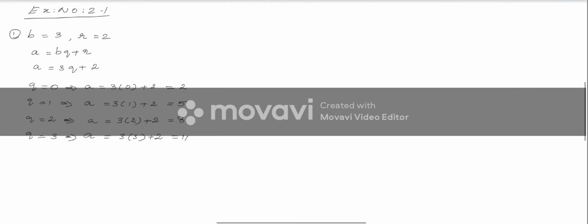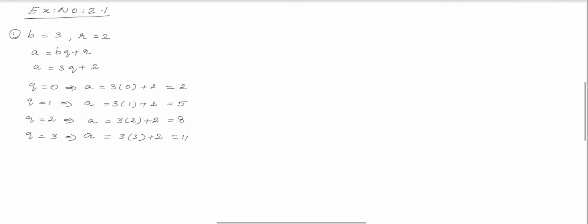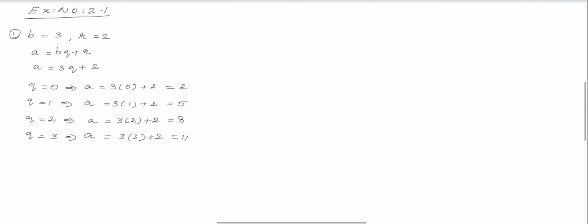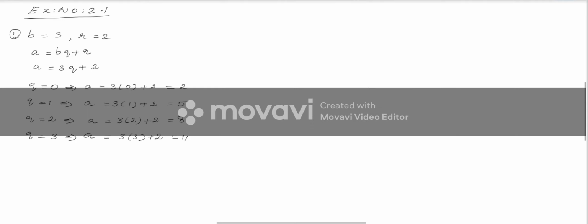Here previously one example we did, no? There what did I do? I didn't substitute like this and find. If it is 3 timetables, then I have written the 3 timetables. If it is 4 timetables, then I have written the 4 timetables and I have got the exact answer. There a divisor and dividend were given, it is fixed, and we were asked to find the quotient and remainder. And here what it is said, we are asked to find all the possible divisor and dividend.